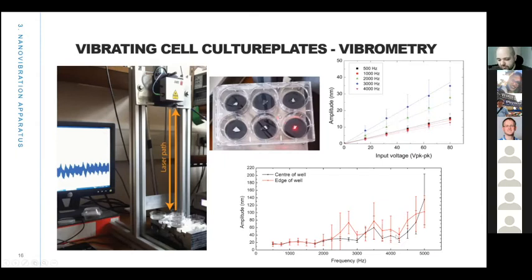If we do a frequency sweep and look at how the cultureware is responding to different frequencies, this kind of matches with our modeling, showing that above a certain point, around 2,500 hertz here, we start to see distortion between the center and the edges of each of these wells.